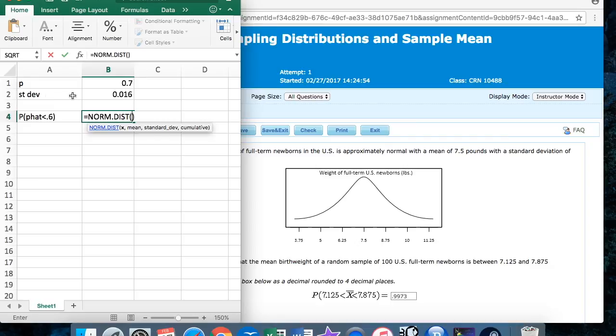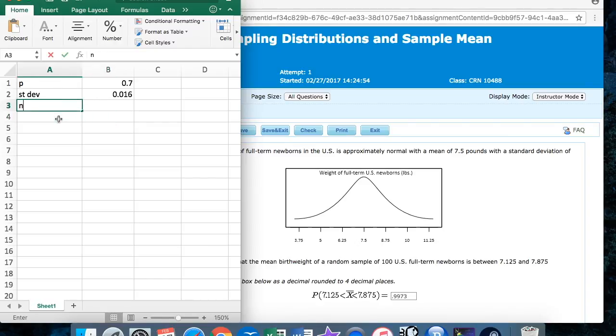The one thing you do have to do is find your standard deviation. If they give you your sample, you still have to do that part. So let's pretend this standard deviation is the one we calculated.